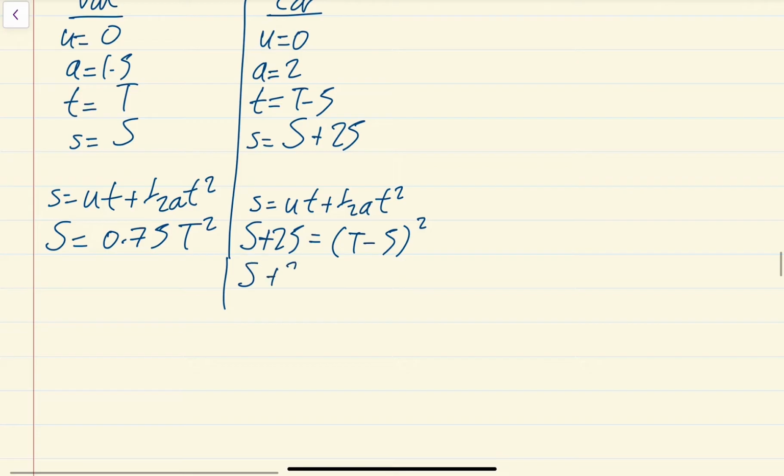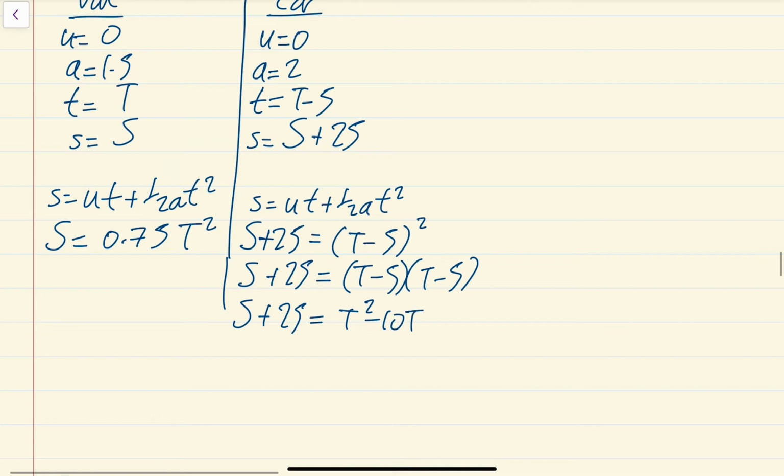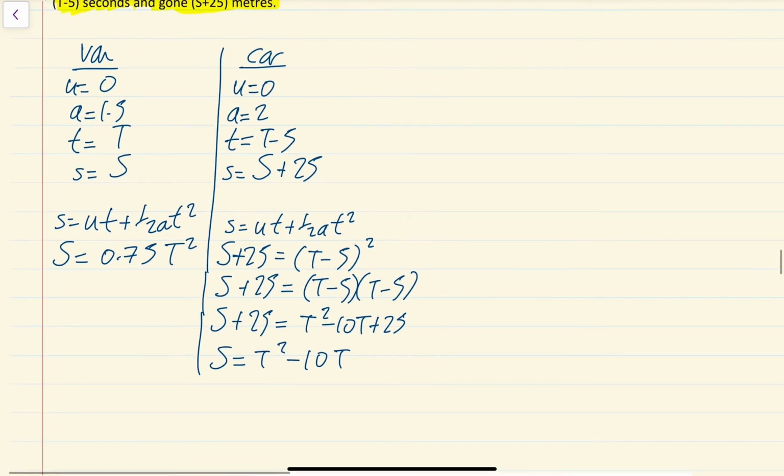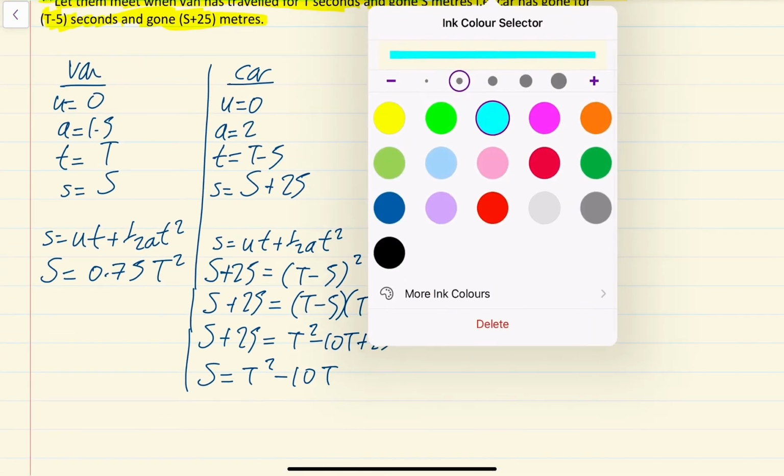So that's big S plus 25 is equal to, like I told you in the last one, to do this out, so I've got to practice what I preach, t squared minus 10t plus 25. Bring the 25 across, make s the subject. S is equal to t squared minus 10t. Okay, can we remember what we do now then? We've got s is equal to something over here.